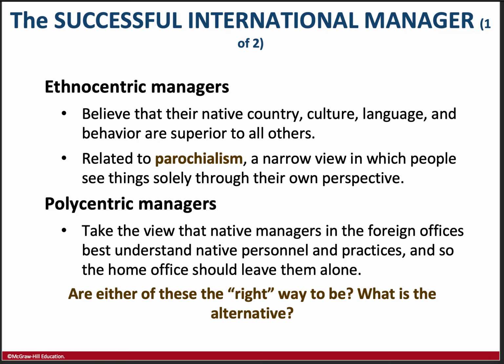However, the viewpoint is less attributable to prejudice than it is to ignorance, since managers obviously know more about their home environment than the foreign environment. So it's just being ignorant.